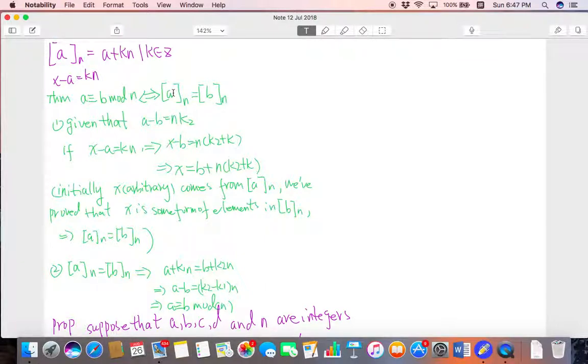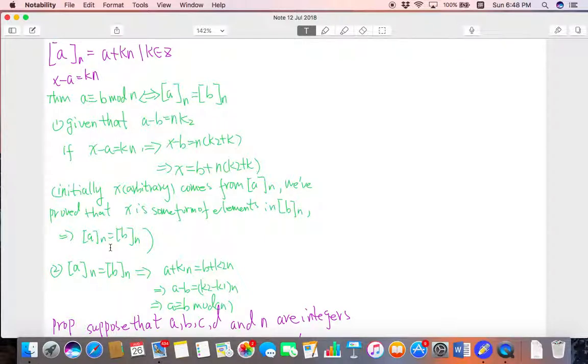Since this element is arbitrary, and we have no other external conditions regarding it, every element can be handled in the same way, and then you can say that these two sets are exactly equal. So you can follow this kind of procedure.